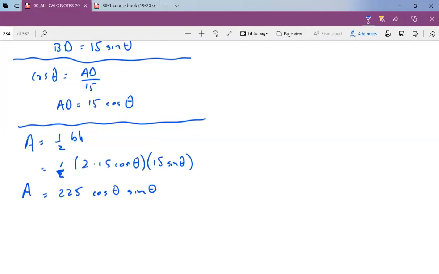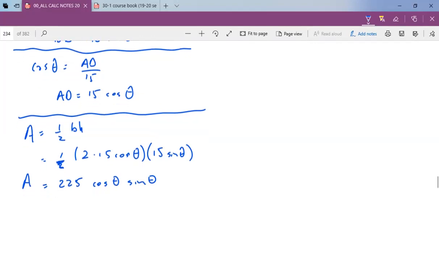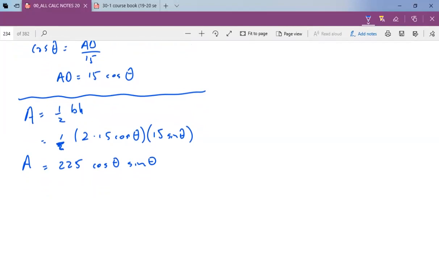Now, as before, what we're trying to maximize in this question is the area. So we need to find the first derivative of that area, and we're going to let it equal 0, because we're trying to find where it's equal to 0. A prime is equal to. All right, a couple things we need to do here.